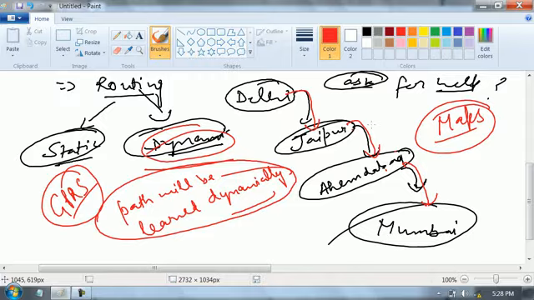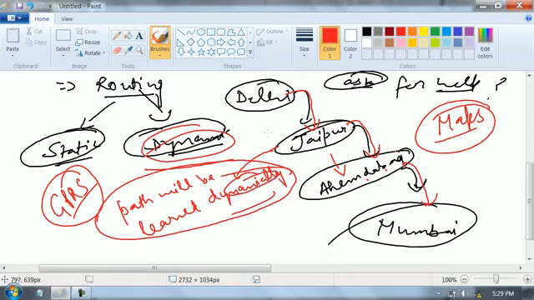You have only one path, that is your defined path. But if you are dealing with dynamic routing, you will search on GPS that I want another way to go to Ahmedabad, and you will get a way. Like from Jaipur to Ahmedabad, you can go via any other place also.